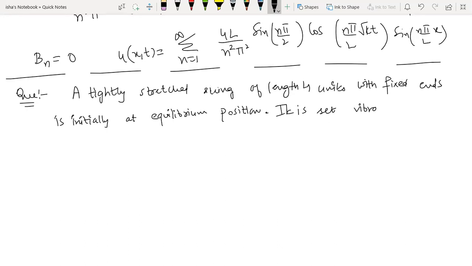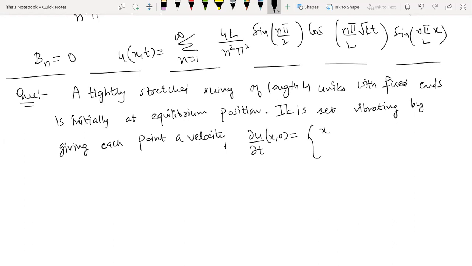It is set vibrating by giving each point a velocity, zero to 2, 2 to 4.